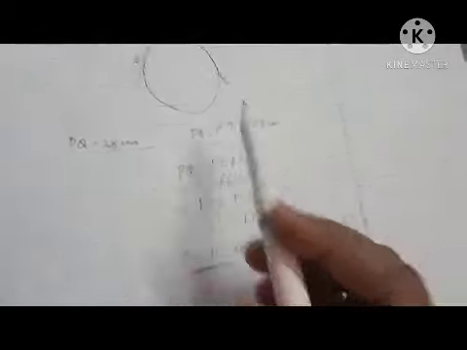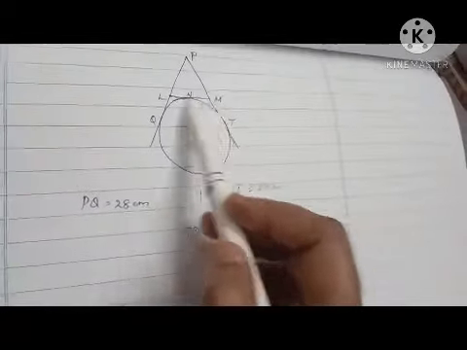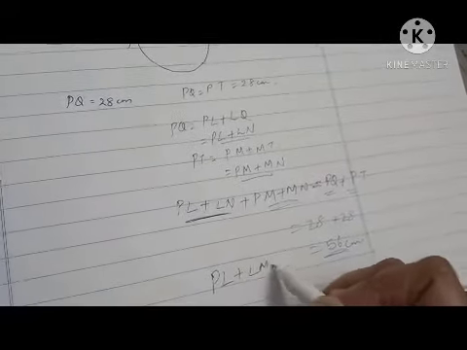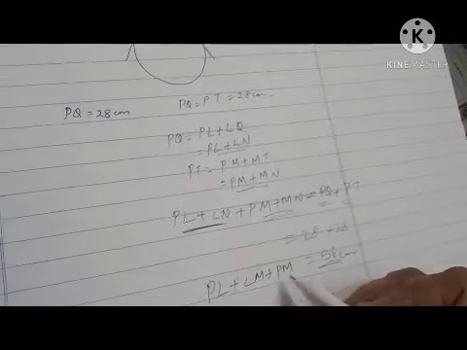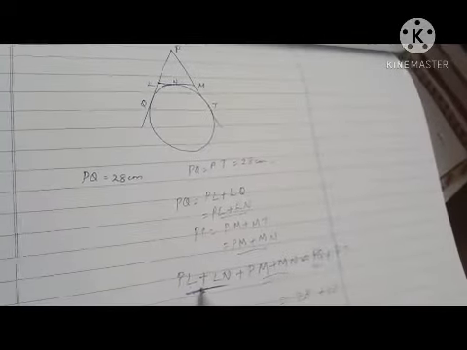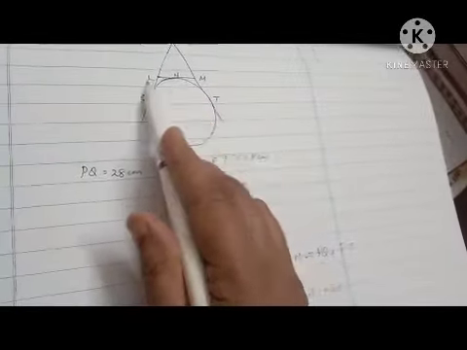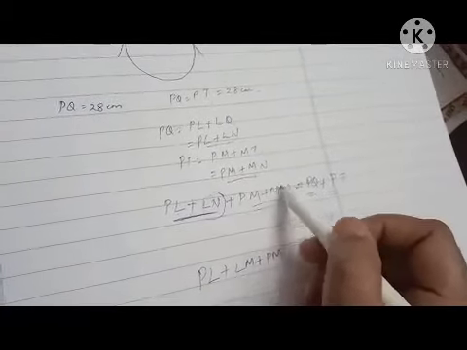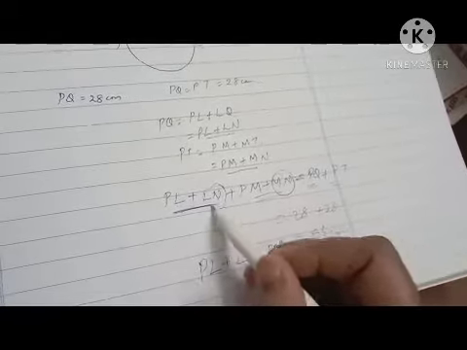That means the sum of the three sides of this triangle, PL plus LM plus PM, equal what? 56. PL plus LN plus NM together, LM. So LN plus MN together we got LM.